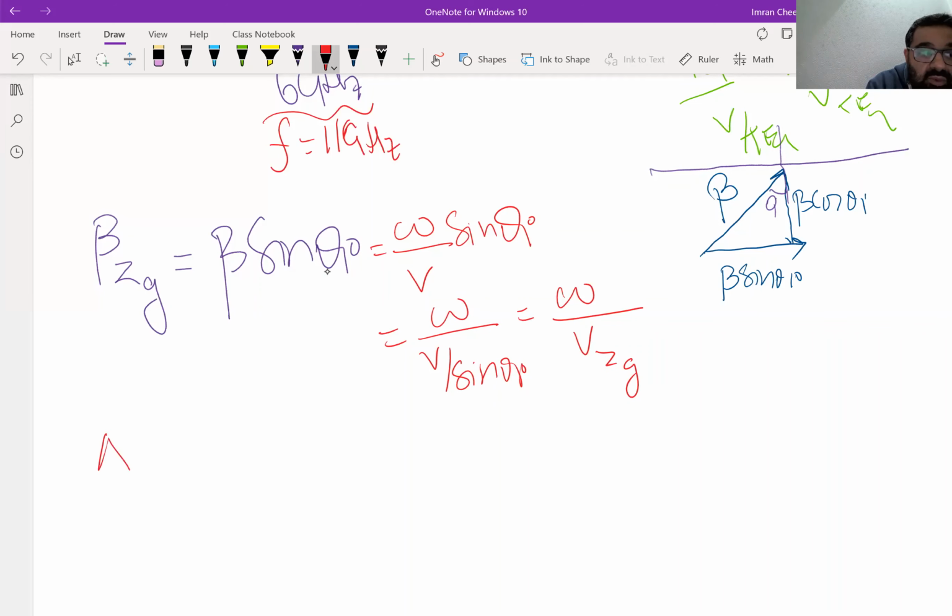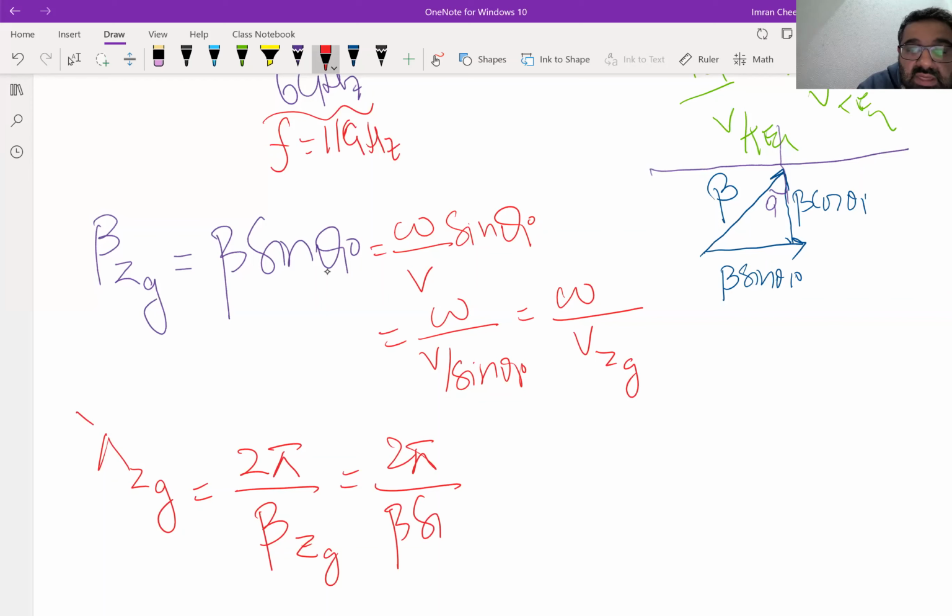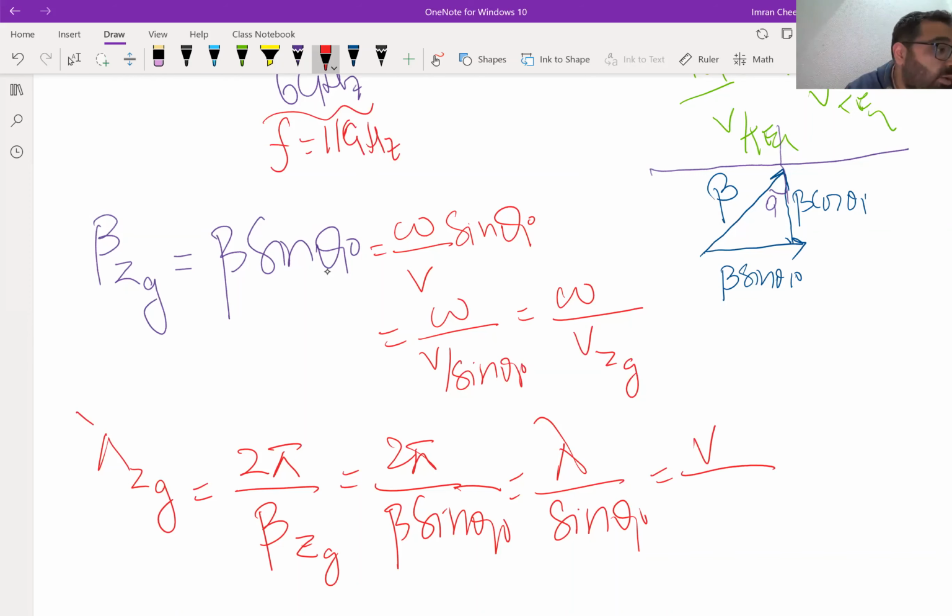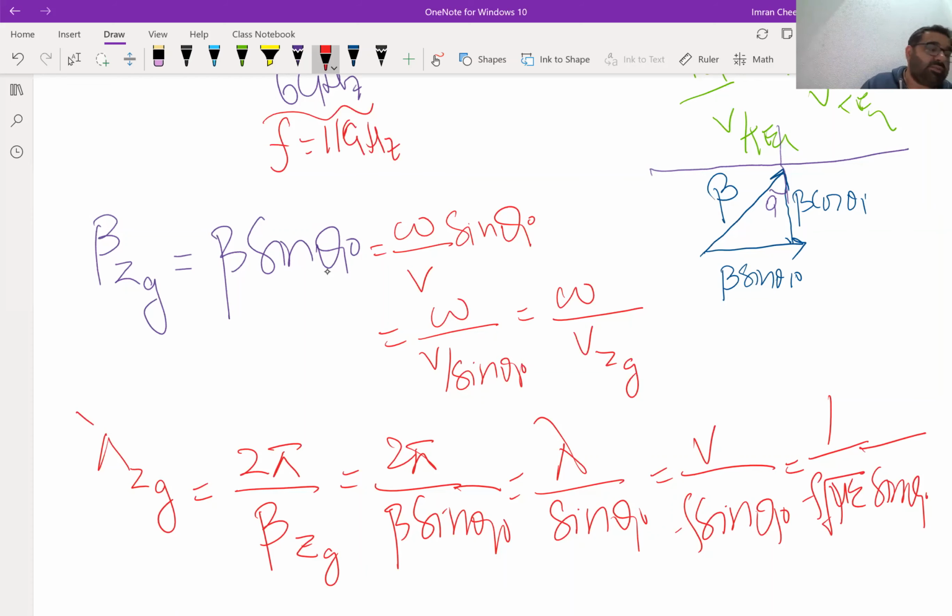And similarly, you can write the guide wavelength here. कैसे? 2 pi over beta zg, which is 2 pi over beta sine theta I, is equal to, this would become lambda over sine theta I. Means के wavelength का एक component है. So beta को आप transform कर सकते 2 pi over lambda and then you have that. So V over F sine theta I, or this is same as 1 over F root mu epsilon sine theta I. ठीक है? So that's this one.